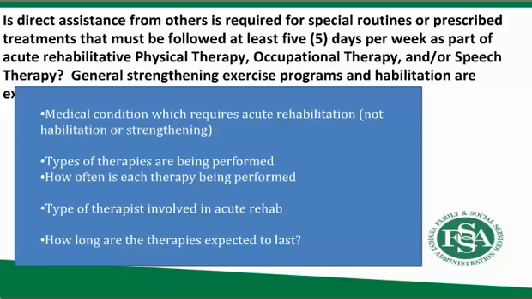It should be a medical condition which requires this acute rehabilitation. Again, not habilitative therapies that you might see with individuals with intellectual disabilities where they're trying to gain skills that they never had. This is the regaining of skills that were lost due to some sort of a medical condition.